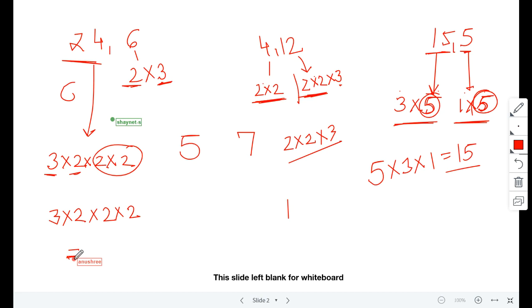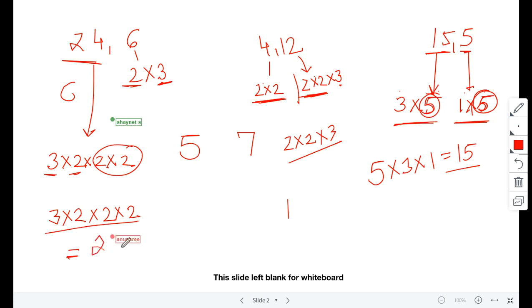If you multiply 3 by 2 by 2 by 2, what's the final answer? 24. Yes. So the LCM is finally 24.